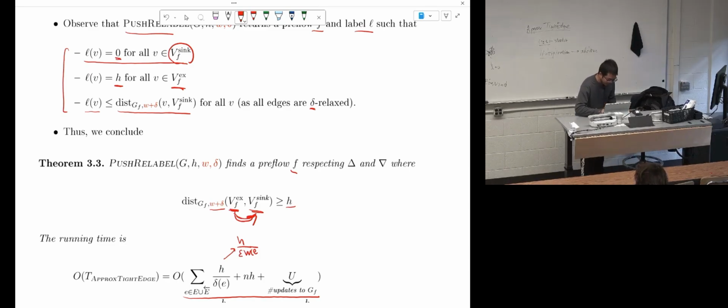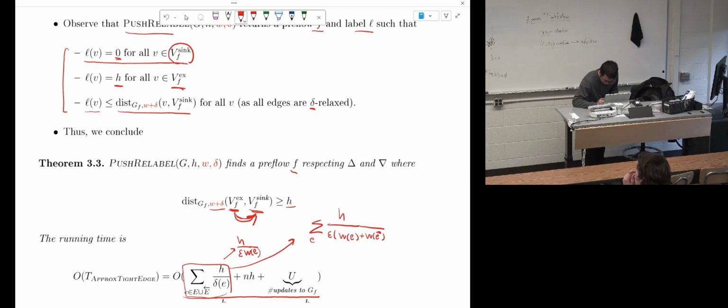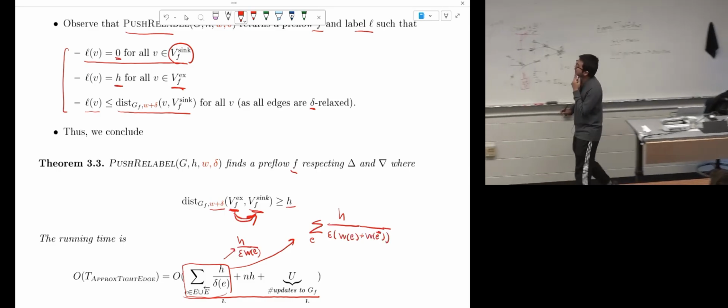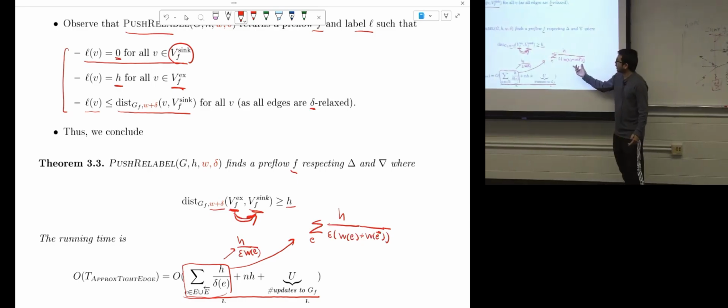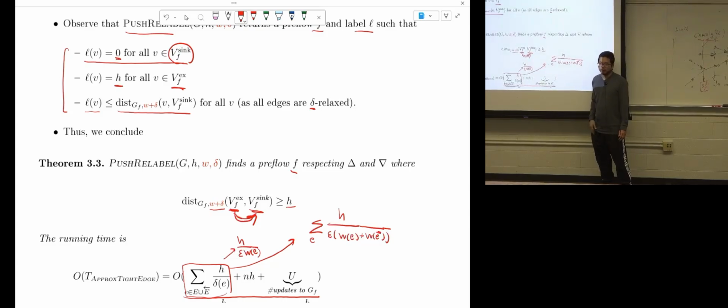And I claimed that we can actually improve this term to be this one. I claimed and said this is an exercise that you can do, but actually I don't think it's true.